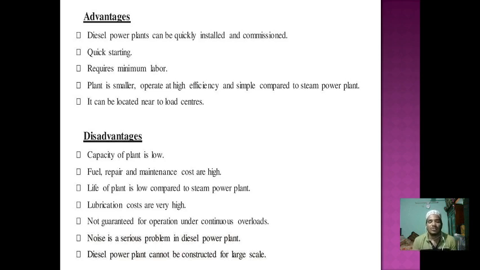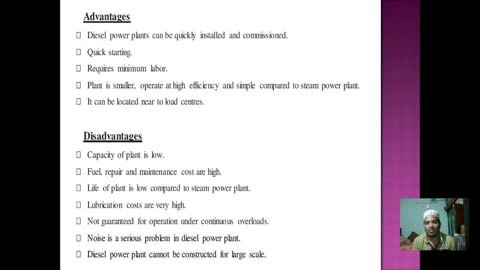For how many hours we have to generate electricity, accordingly we have to supply the fuel. Repairing cost is also high, and the life of the plant is very low compared to others. The lubrication cost is very high, and there is no guarantee of operation under continuous overload.